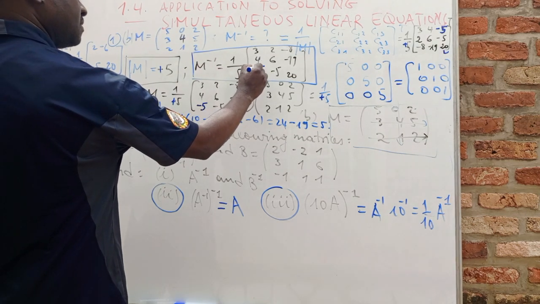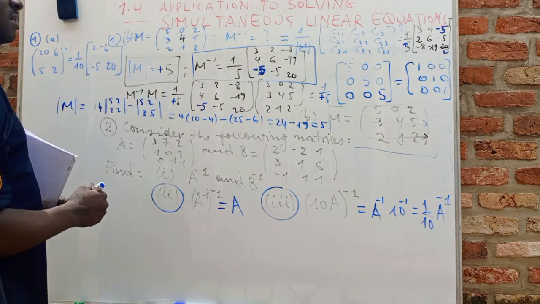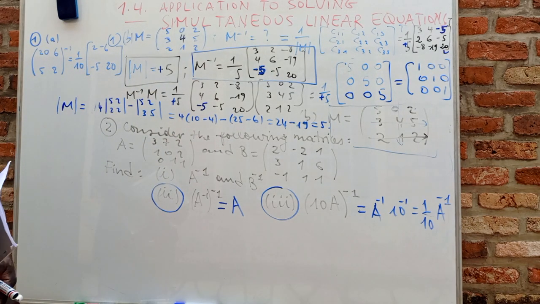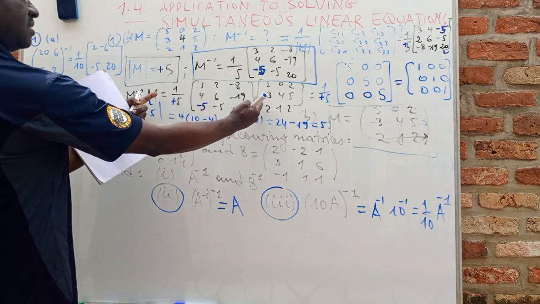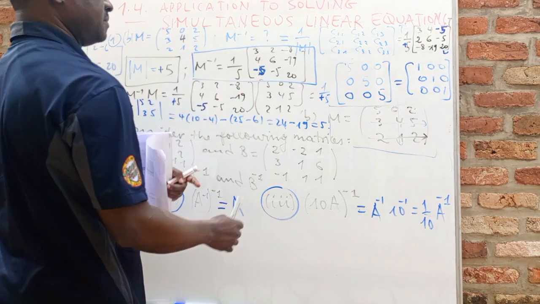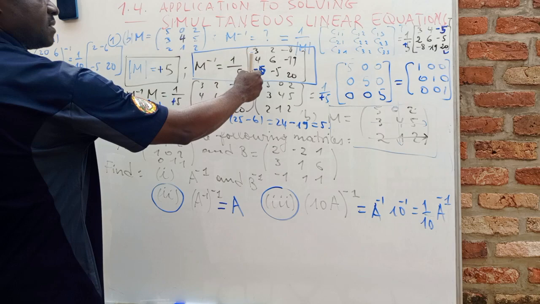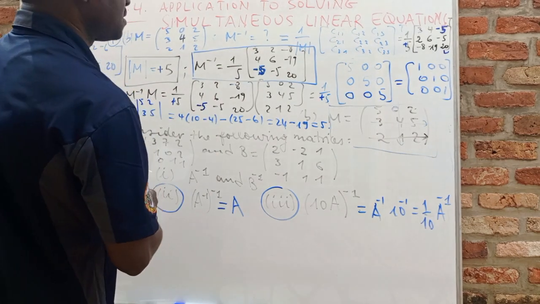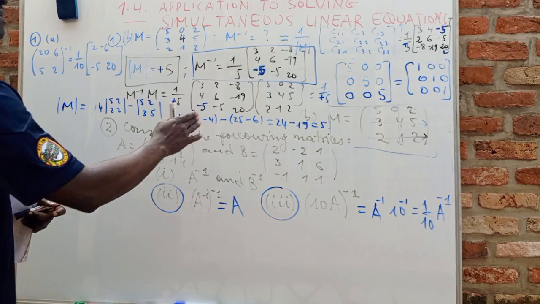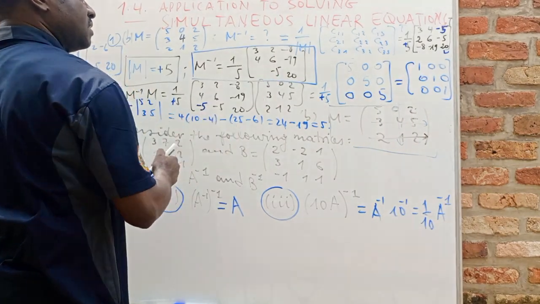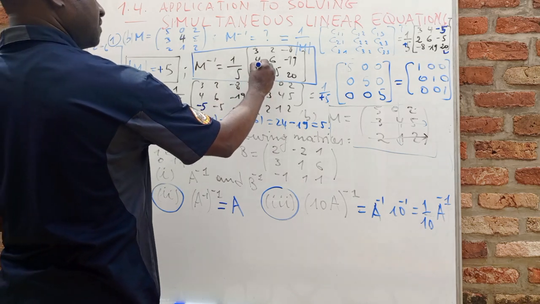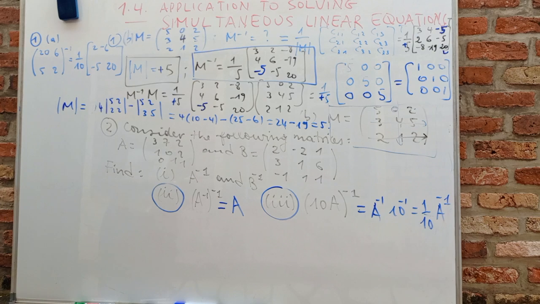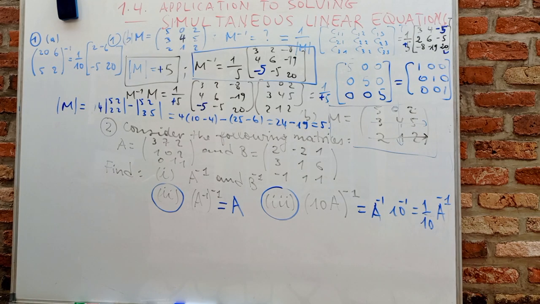It should be negative 5 here instead of negative 3. Okay, I think everything is now clear. This is M inverse, this is M. With that mistake, we remove it. Let us use a color different from this one. This is what is negative 5. Okay, the determinant is 5. It is corrected.